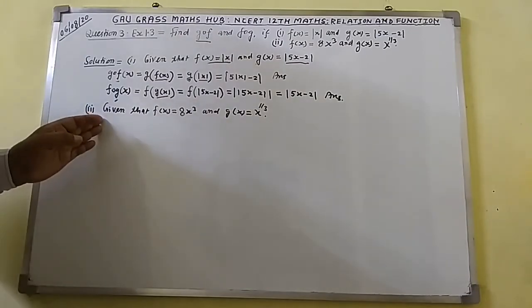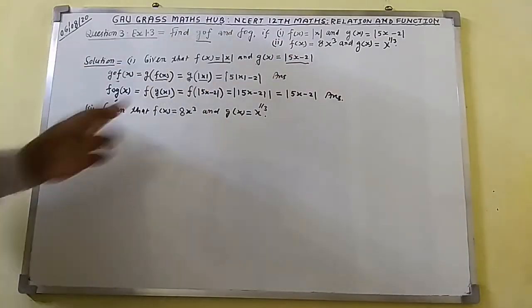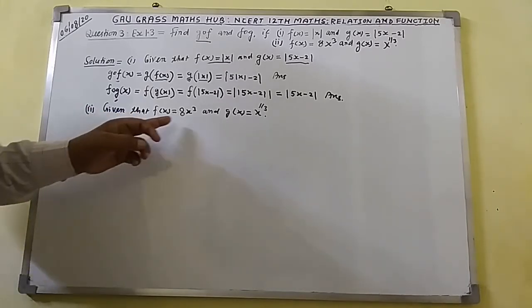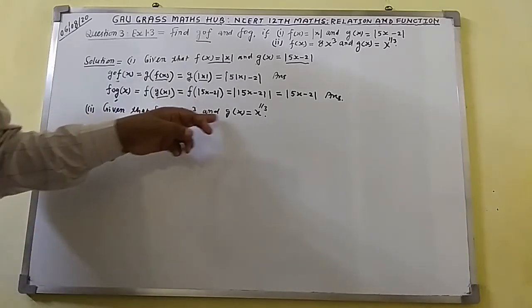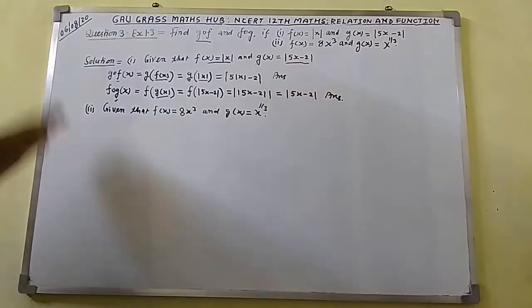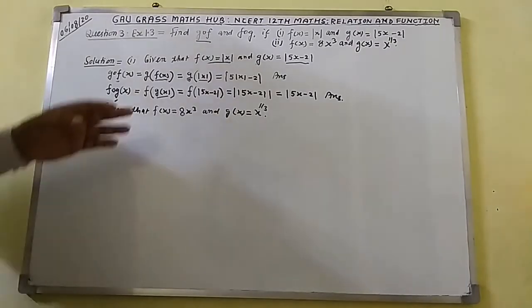The things given in the question I have reflected here. Roman 2: given that f(x) equal to 8x cube and g(x) equal to x raised to power 1 over 3. I have written. So what you have to get?